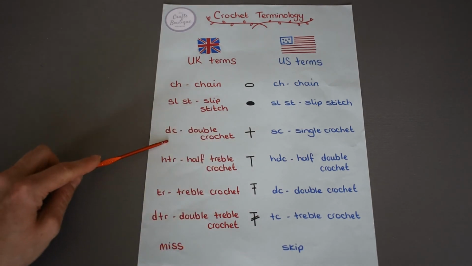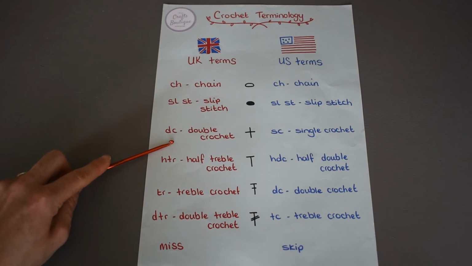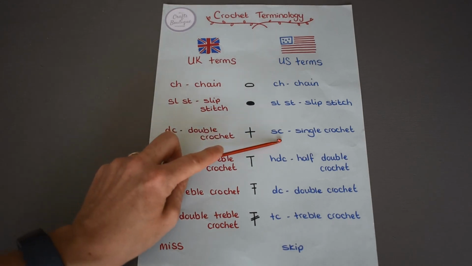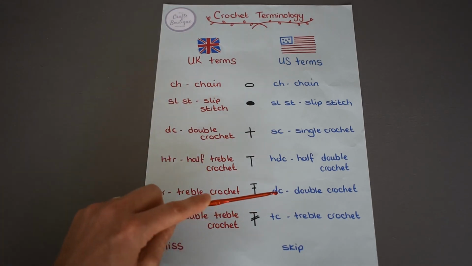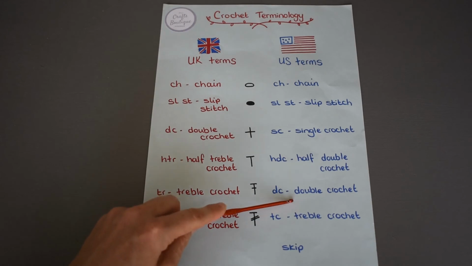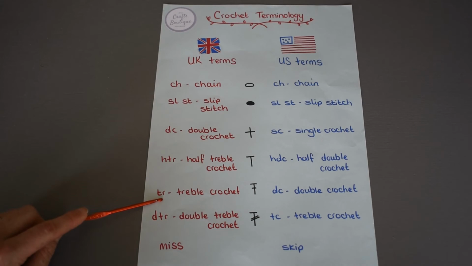One of the first stitches that you'll probably learn is a double crochet in UK terms, and this is called a single crochet in US terms. But what makes it really confusing is the US also has a double crochet stitch, which corresponds to our treble crochet.